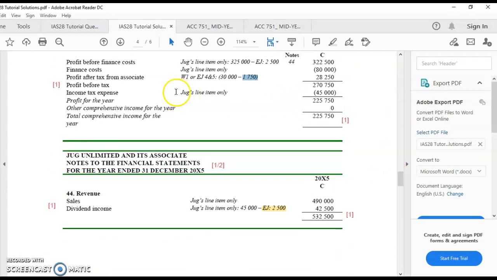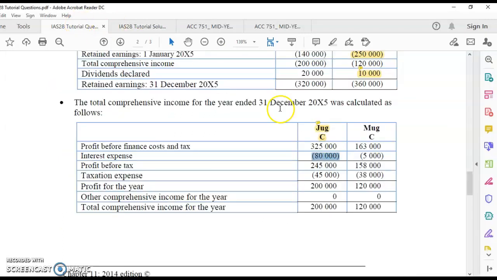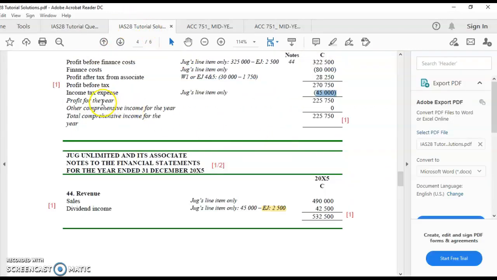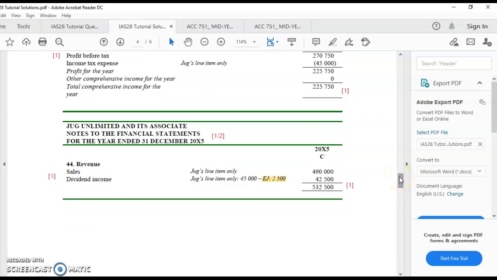The only time you add the associates is just that one line item for our share of their profits, and then you get the profit before tax. The income tax expense, you take only our portion. It was given to you in the question, 45,000, right? And you get the profit for the year, and you are done. That's your equity accounted statement of comprehensive income.